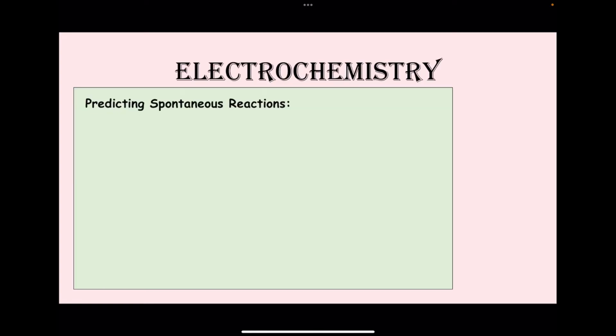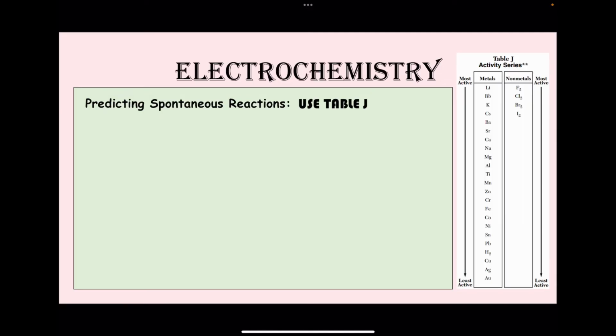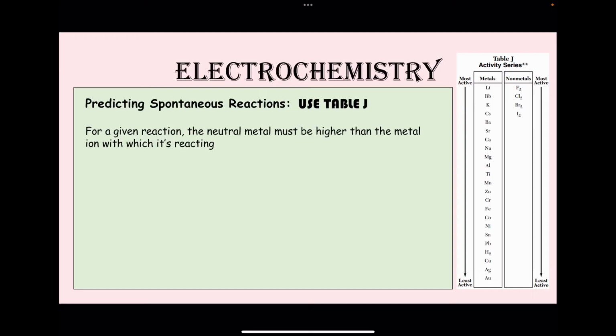Because we have mentioned the word spontaneous a lot, let's do a very quick review of how we determine if a reaction is going to occur spontaneously or not. Remember, we can use table J. Here's your table J, and using table J, we compare the activities or the reactivities of different substances.